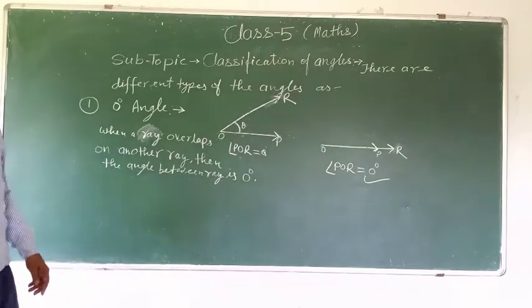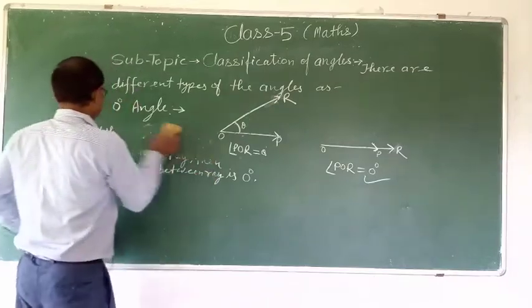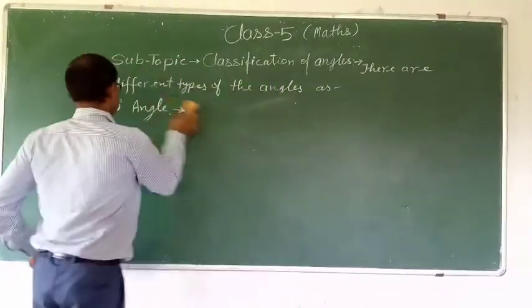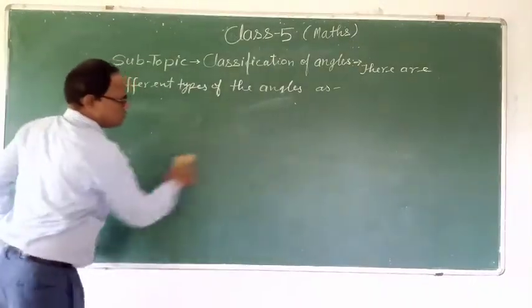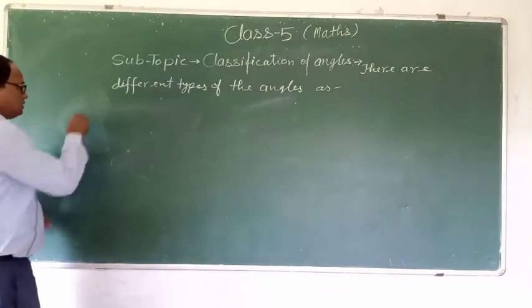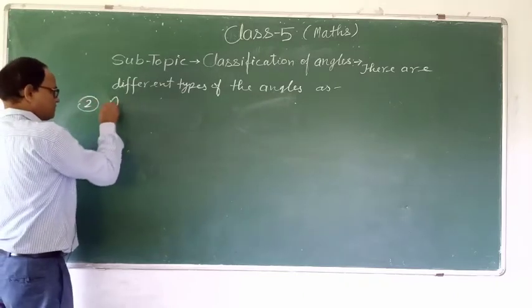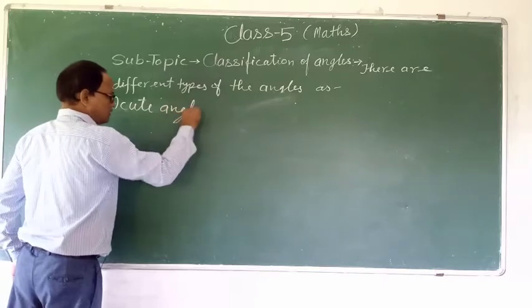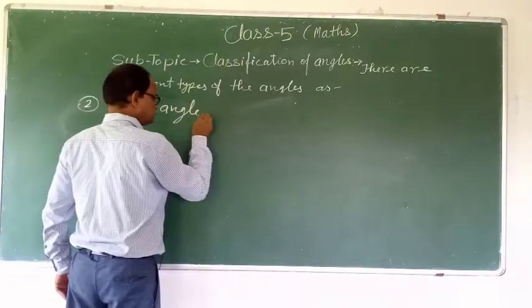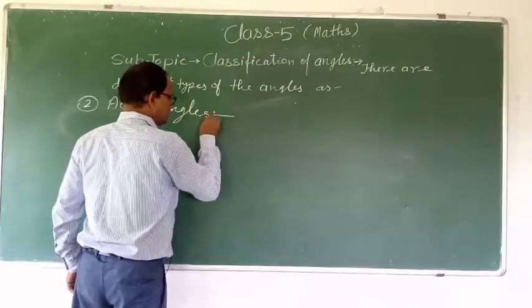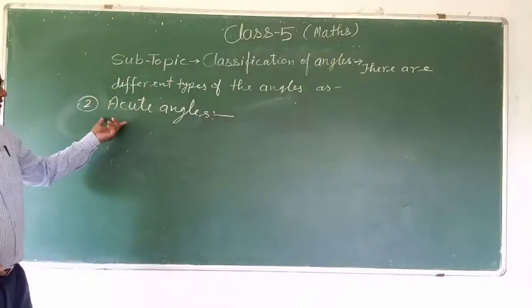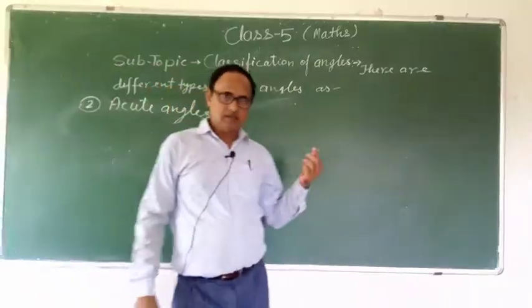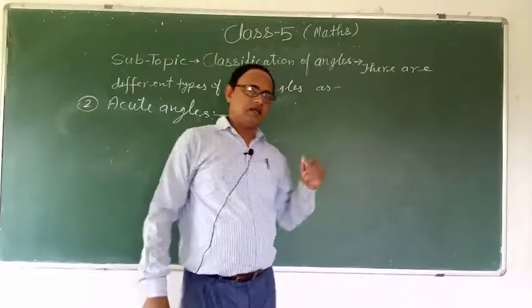After this, the acute angle. What is an acute angle? Second, the acute angle: an angle greater than 0 degree and less than 90 degree.